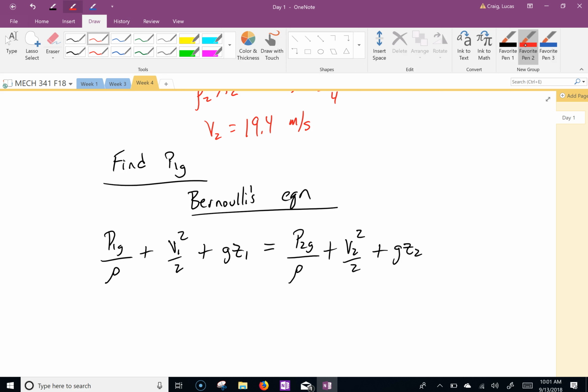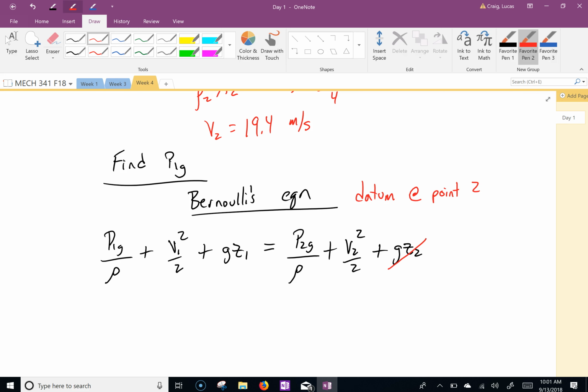You almost don't even need to because you know the numbers by heart. So where's our datum? At point 2, yep. So that means what? That term's gone? Z1 is 0.8 meters. Did I give you that?